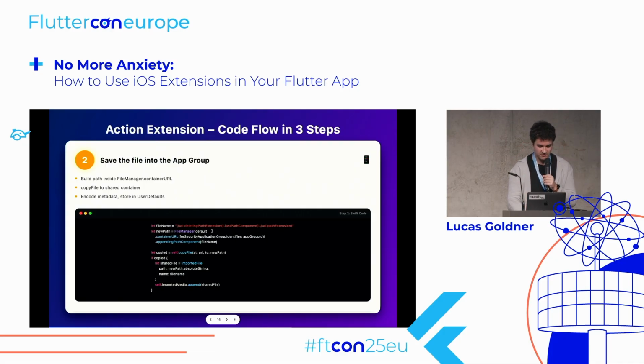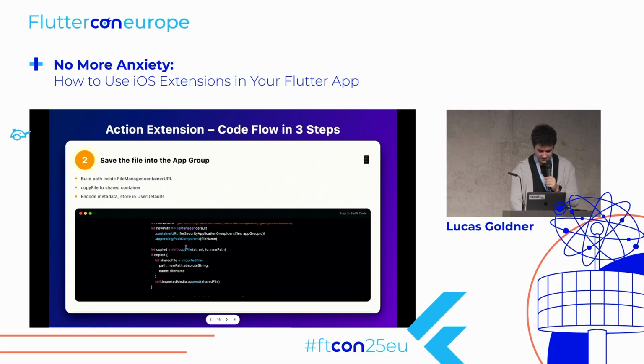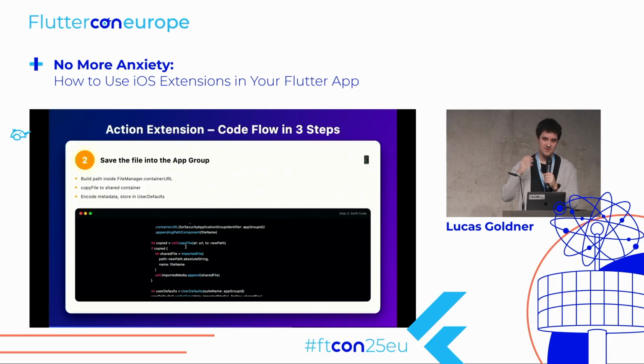The next step that I wanted to do is save the file inside of our app group in the container. So I created a path, file name, a path over here, and in the file manager, I then put, using the app group ID, of course, the data into it using the path. And then in my case, since I have a lot of extensions set up in this app, I wanted to know from which extension I'm receiving the data from.